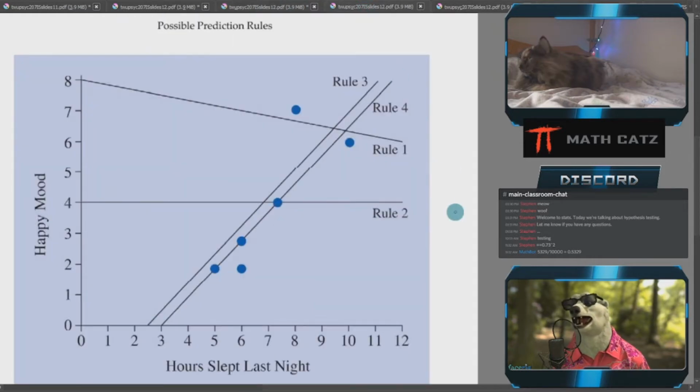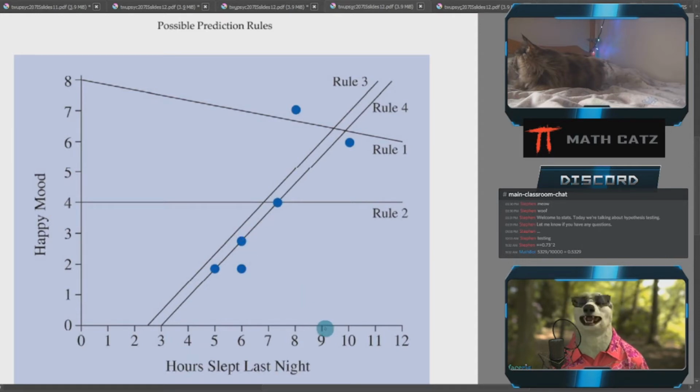However, there are many lines. If I look at, for example, two different variables here, hours slept last night and how that is related to your mood rating, I have these data points over here, and there are many lines, many formulas, many equations to describe the connection that I can use to predict.